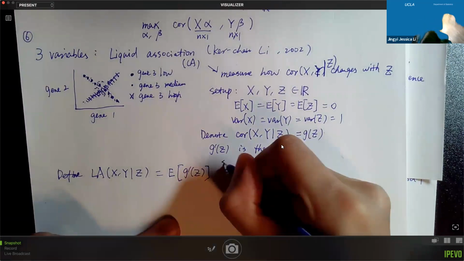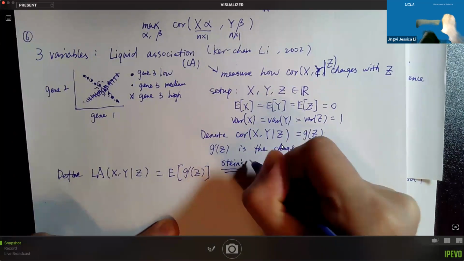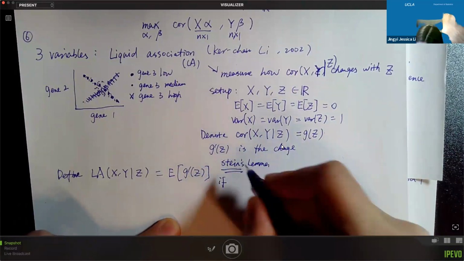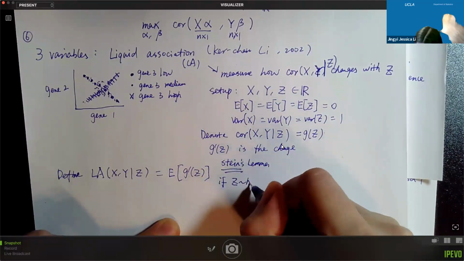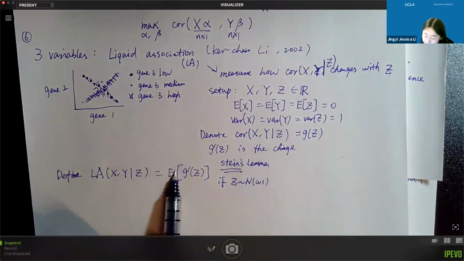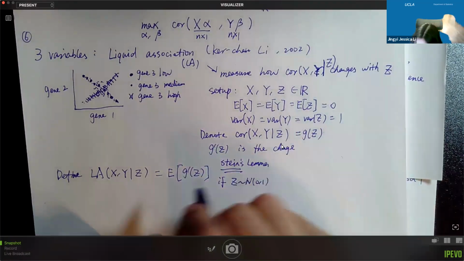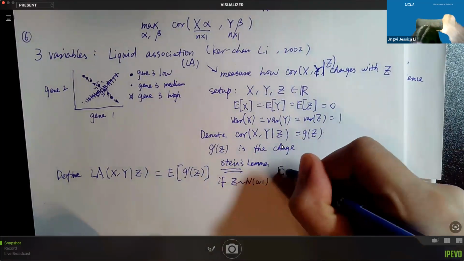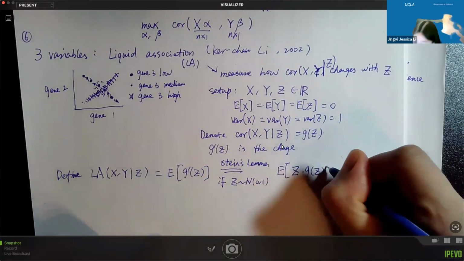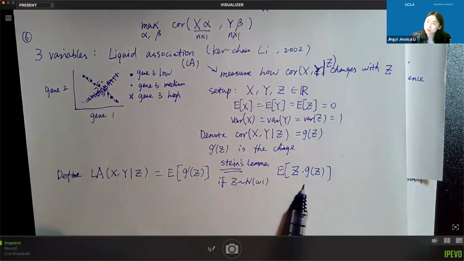What it says is that if Z follows a standard normal distribution, then for any differentiable function G, the expectation of G'(Z) is equal to the expectation of Z times G(Z). Everyone can show this yourself.